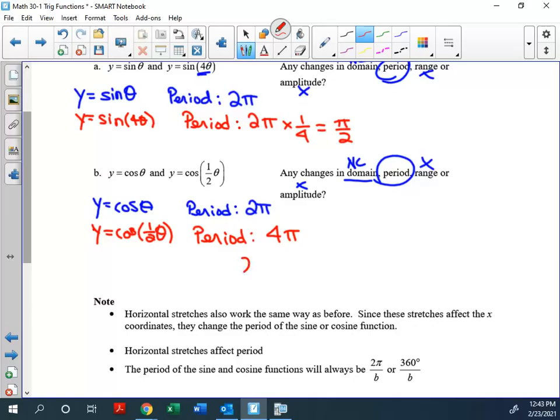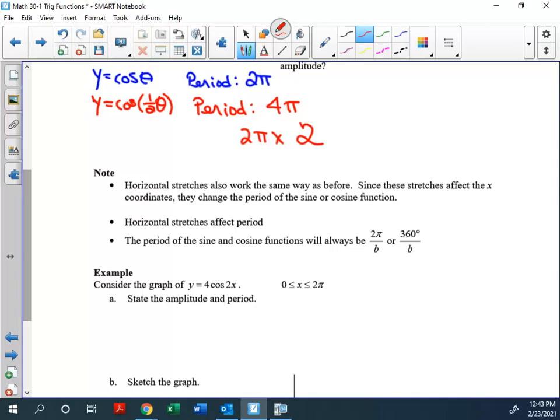Because we took our base period, we multiplied it by the reciprocal. Watch that b. It's always a reciprocal. So this time it was a stretch of 2, so my period got longer and bigger, right? So that went from 2 pi doubled to 4 pi.